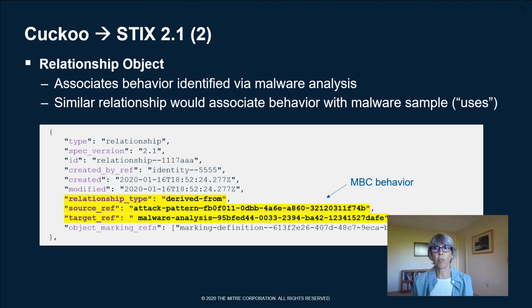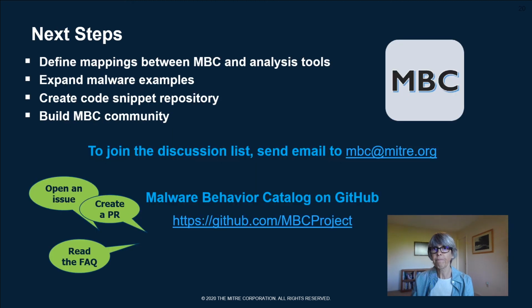So this reads, the behavior was derived from the analysis. And then a similar relationship could be used to associate the MBC behavior, or the malware behavior really, with the actual malware sample. Again, you have to have some knowledge of STIX to thoroughly understand this, but it gives an idea of how standardized reporting comes out from using MBC.